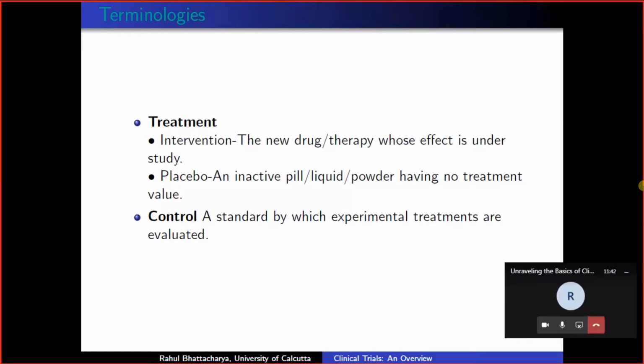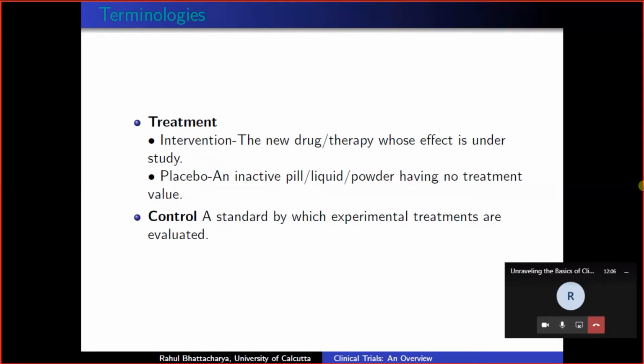Control is a standard by which experimental treatments are compared, or some existing treatment or existing drug, and your intervention is to be compared with this one. Whenever we use some control, patients' conditions are under control with this control treatment. That's why this name is control.